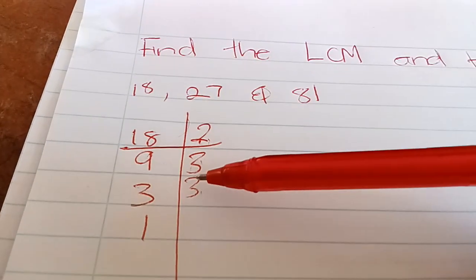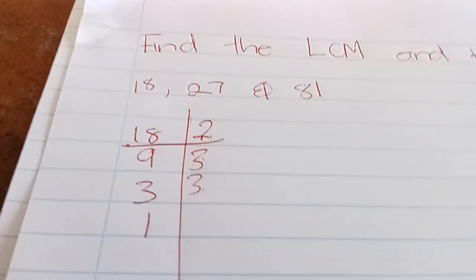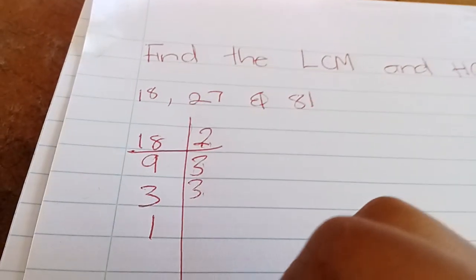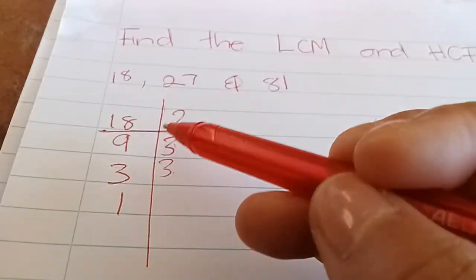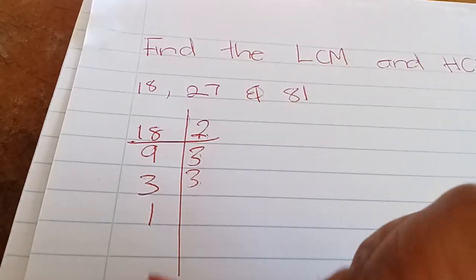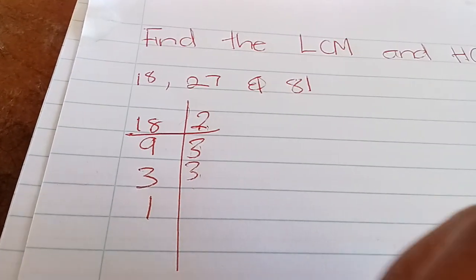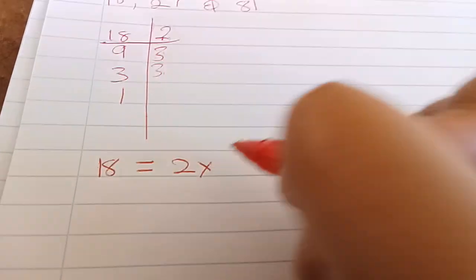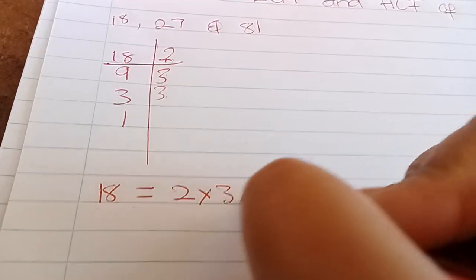factors of 18. What's coming next is I'm now going to write 18 as a product of its prime factors, meaning 18 equals 2 multiplied by 3 multiplied by 3.